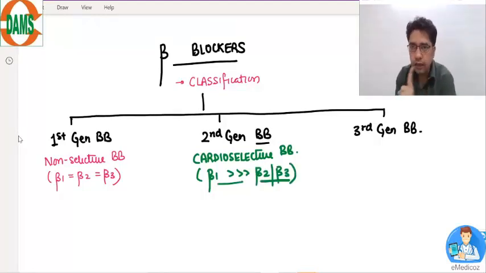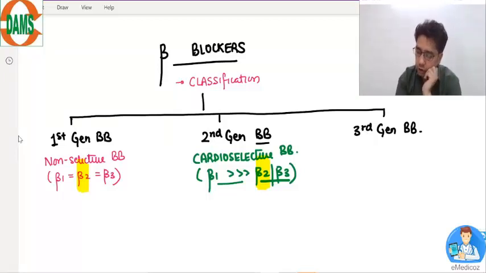Now, one question I want to ask you. If you block beta 2 on blood vessels, what will happen? Vasodilation or vasoconstriction? It will lead to vasoconstriction. Do you agree with this part?